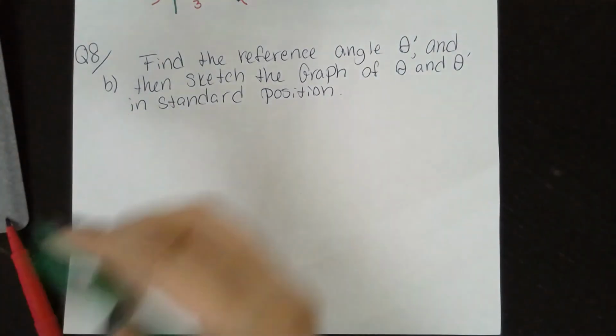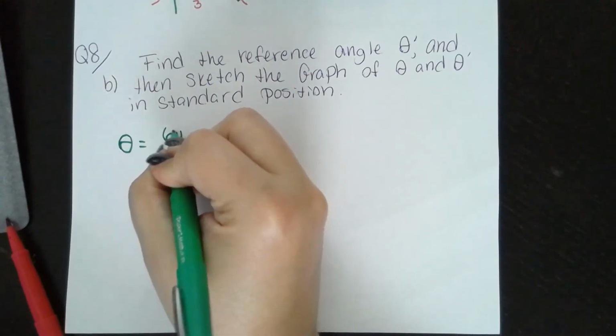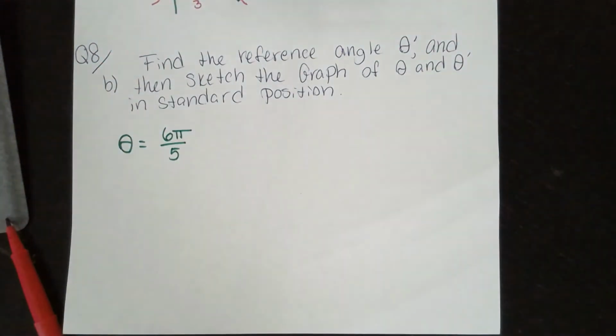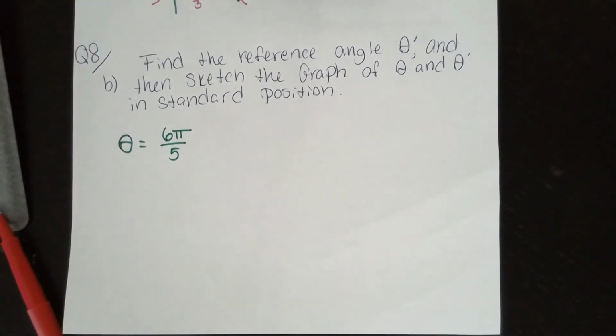So our angle for part B is 6 pi over 5. Now, a lot of you have been questioning what quadrant 6 pi over 5 is in. I've gotten so many of those questions in the past couple of days. One thing you can do is take 6 pi over 5 and convert it to degrees very quickly.